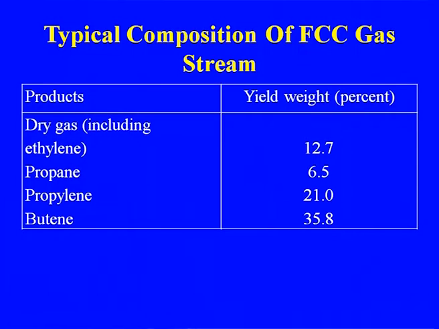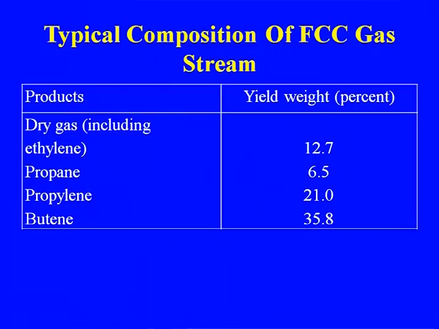So, you see the percentage of propylene in the FCC, 12 to 25% propylene may be there. Butenes will also be in appreciable quantity. Gasoline yield will go down; 47 to 53 in conventional, here it is only 30 to 40%.